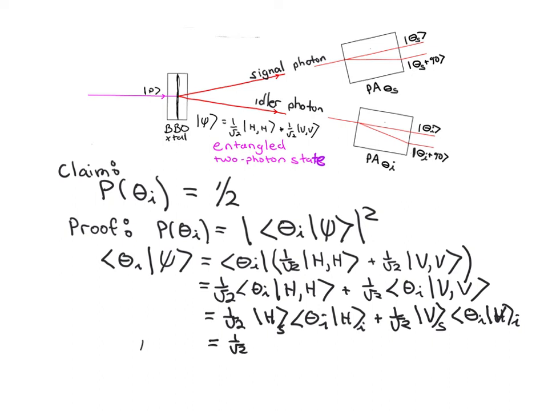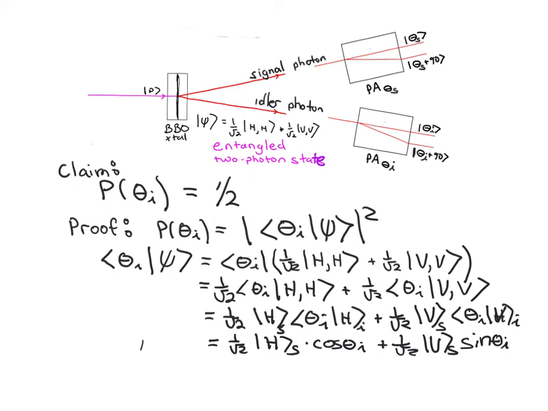And these one particle probability amplitudes, these inner products, you know exactly how to evaluate them. This gives a factor of cos theta sub I here, and then I have a 1 over the square root of 2 V sub S sine theta sub I.